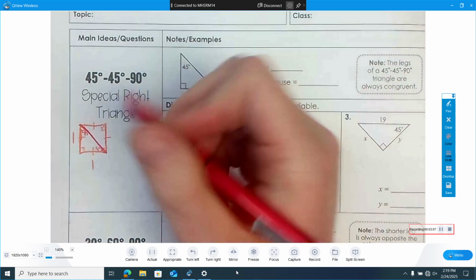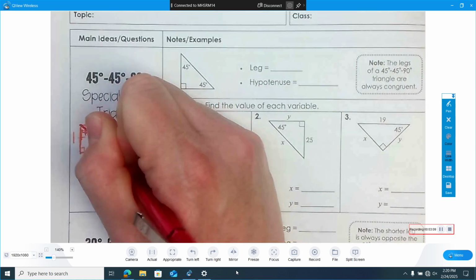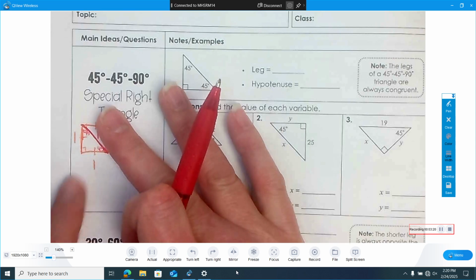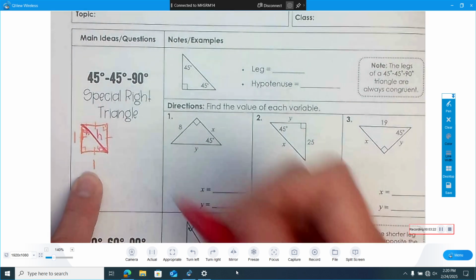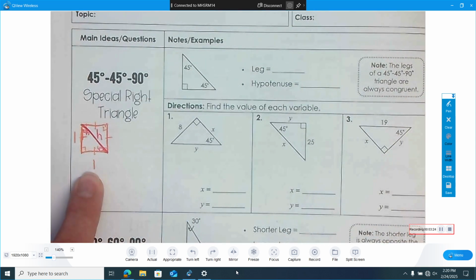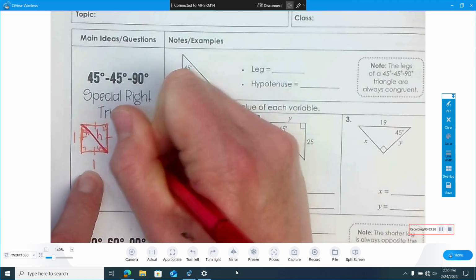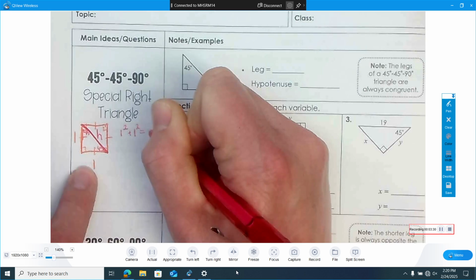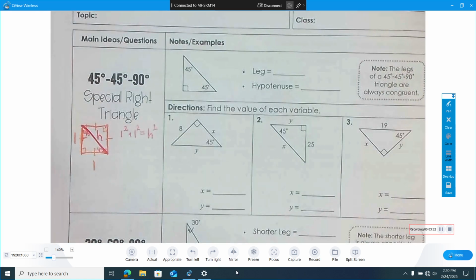So the question is, we want to figure out the length of the hypotenuse. I'm going to use h to represent the length of the hypotenuse. So I have a right triangle, and I have side lengths here. Can I use the Pythagorean theorem? Yes. So leg squared, 1 squared, plus another 1 squared equals my hypotenuse squared.